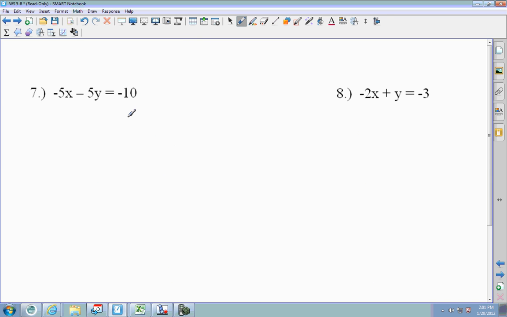Next, solve for y on these two. You would add 5x to each side. You get negative 5y equals 5x minus 10. Now you divide by negative 5.